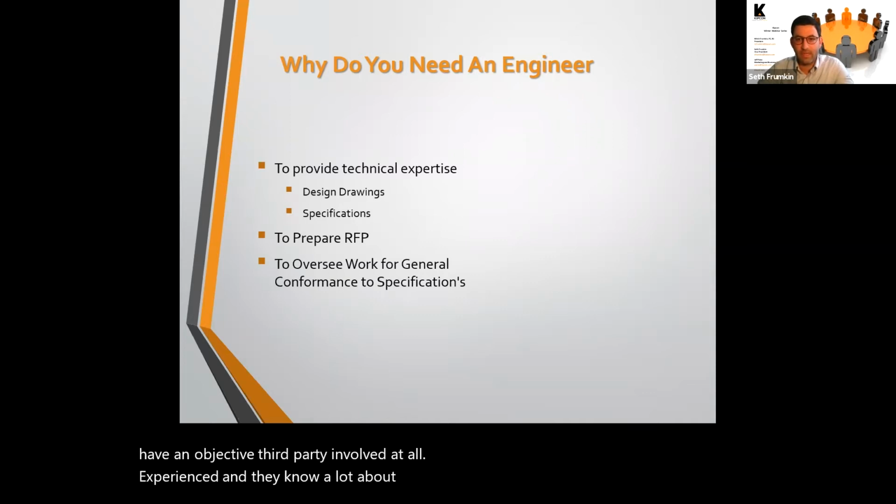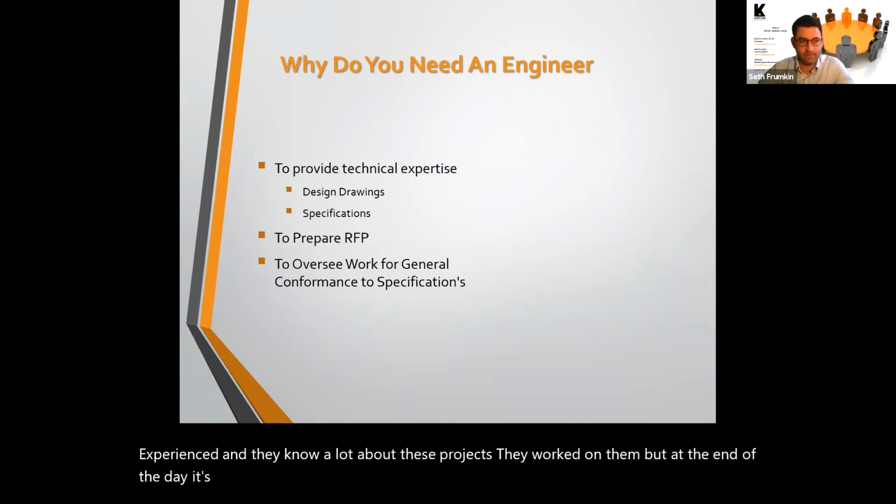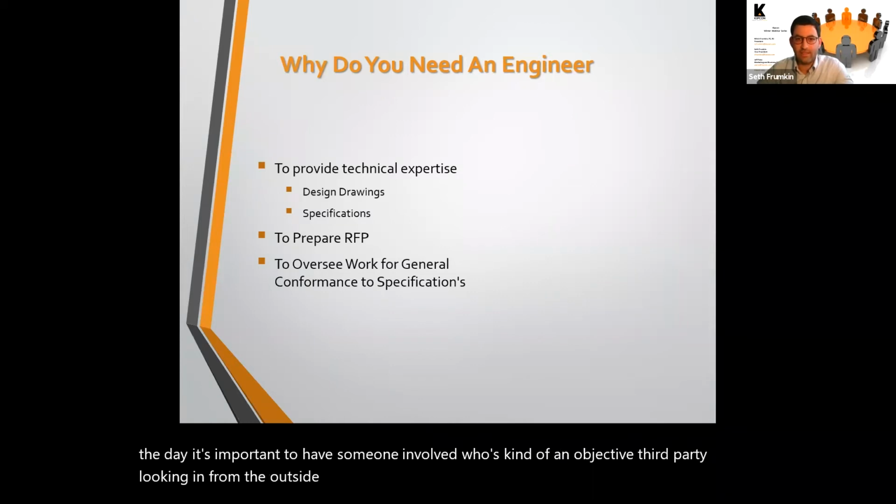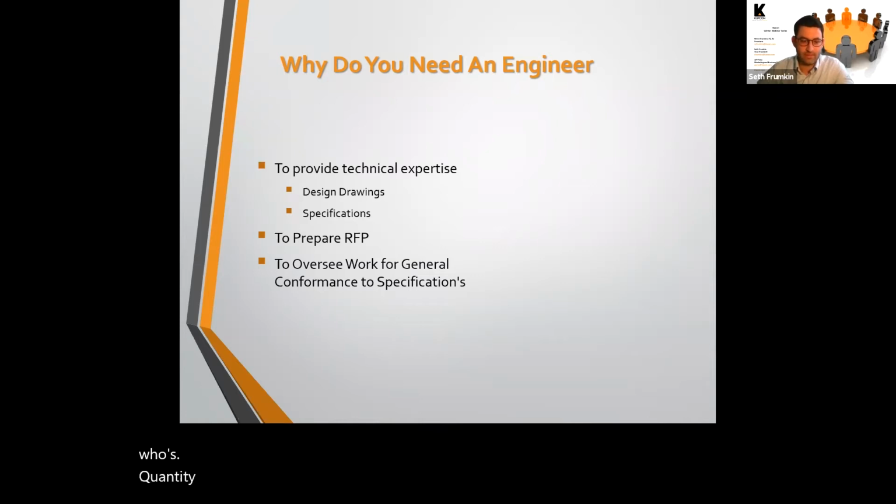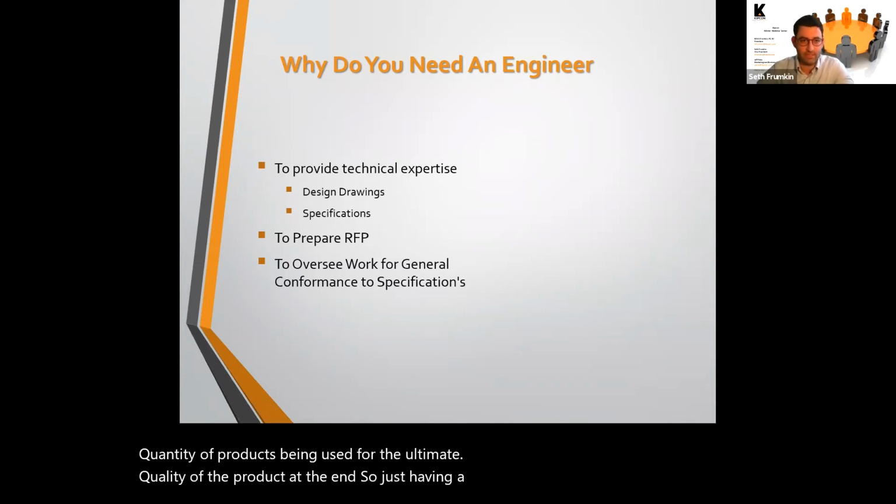They've worked on them, but at the end of the day, it's important to have someone involved who's kind of an objective third party looking in from the outside, who's not involved in the details of the day-to-day project itself, and whose compensation is not dependent on the quantity of products being used or the ultimate quality of the product at the end. So just having a third party involved is good.